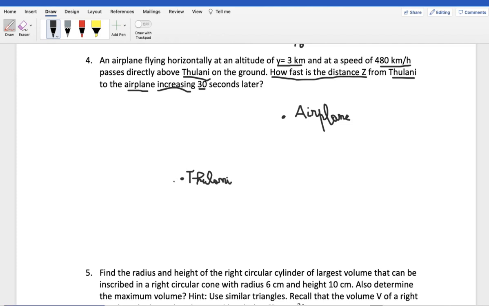They're telling us that the airplane is at an altitude of 3 kilometers, meaning that the vertical distance between where the plane is and the ground where Tulani is, is 3 kilometers.